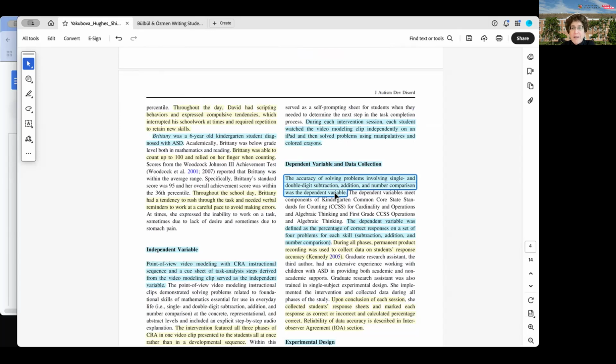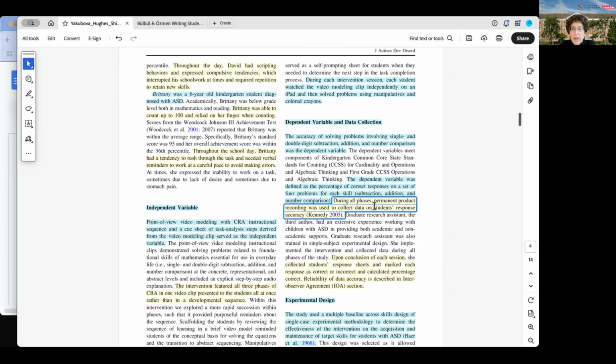That's 3 different dependent variables, because of each one of these types of math operations, and they were using the percentage of correct responses on a set of 4 of each one of these. Okay, so that's how they were scoring if the student could do 4 problems within one of these operations.